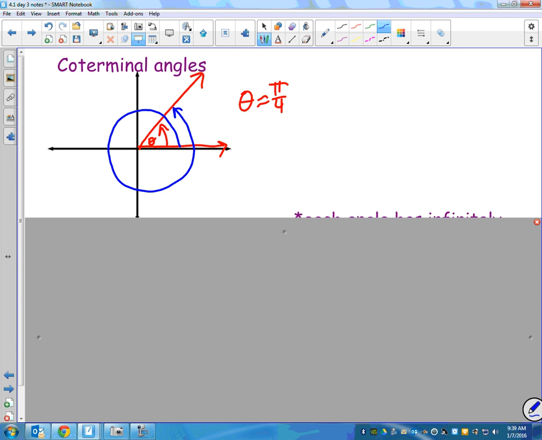So if I wanted to find this, which I don't know what it's called, but if I wanted to say what is alpha, it would be pi fourths plus going all the way around, which is 2 pi. And if you struggle with adding with pi, remember it's just adding the numbers and then putting pi with it. You can always just add on your calculator and put pi with it.